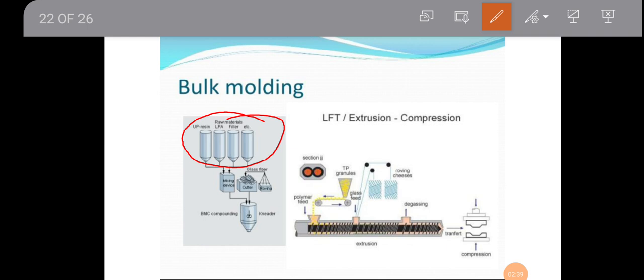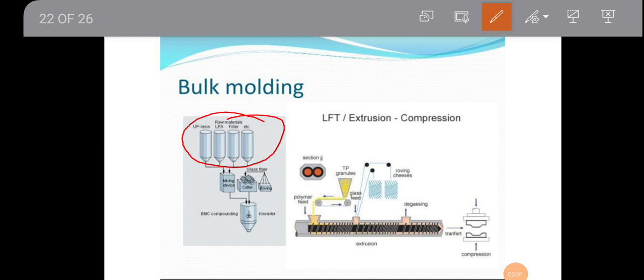That is composite materials. For that purpose, we are taking different raw materials here. That may be resins, LPA, some fillers, or some plastic. All those raw materials should be collected, then poured into the pouring basin.